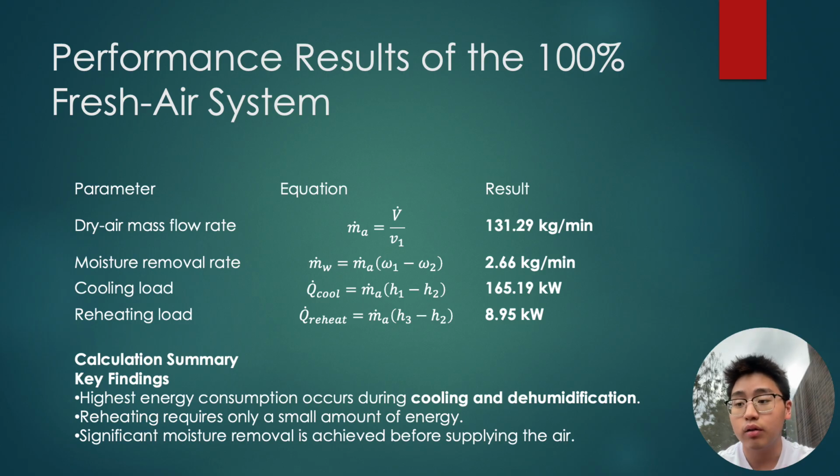The cooling load required by the cooling coil was 165.19 kW, indicating that most of the energy is consumed during cooling and dehumidification. Finally, the reheating load was only 8.95 kW because reheating only increased the air temperature without changing its moisture content.